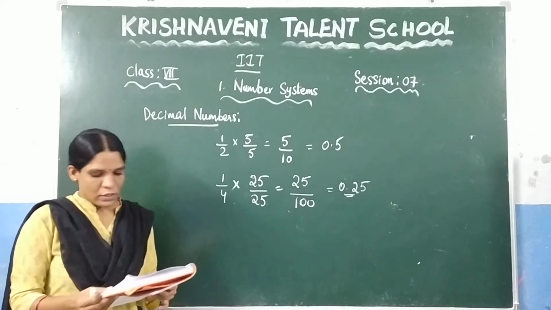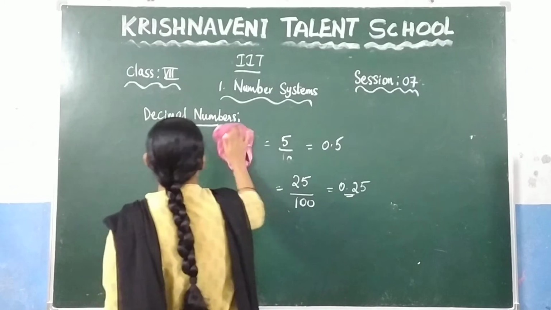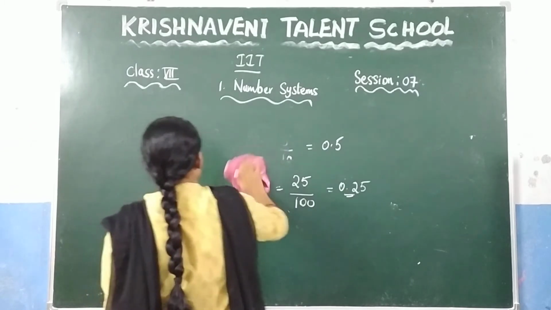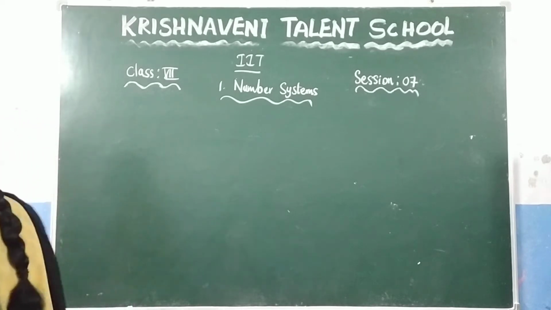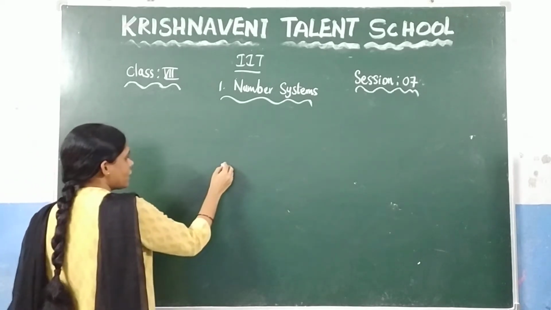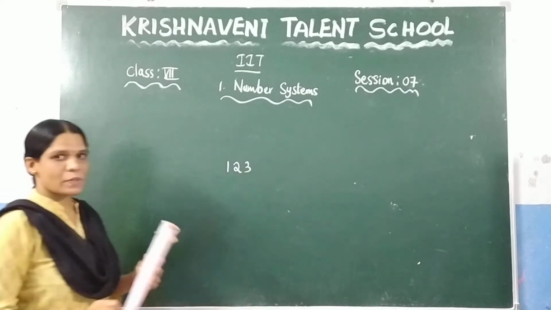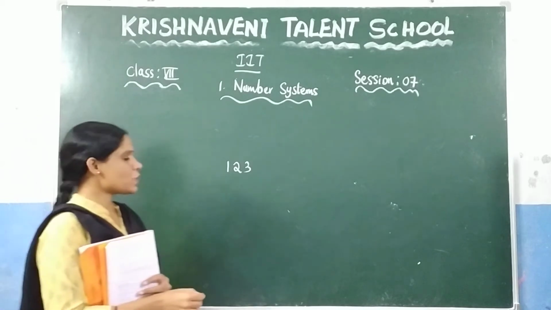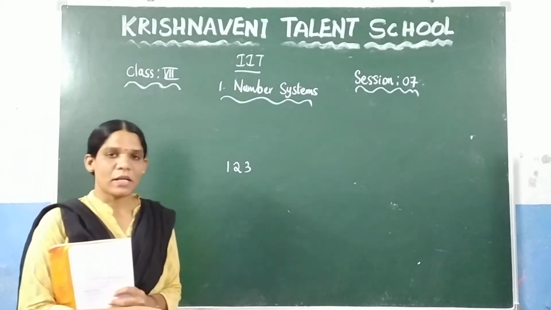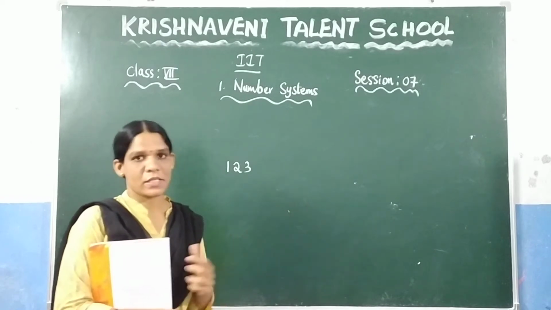Now, let us see how to expand decimal numbers. You know that if you consider the number 123, how do we expand it? In the lower classes we have already studied this. If you want to expand this number, you need to multiply the respective places with their place values.